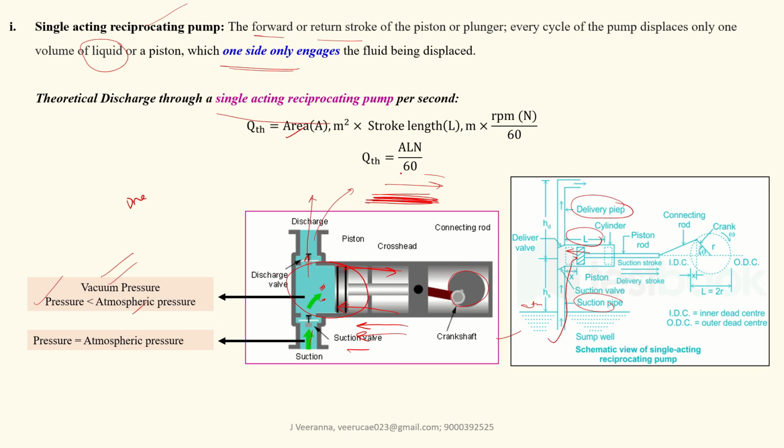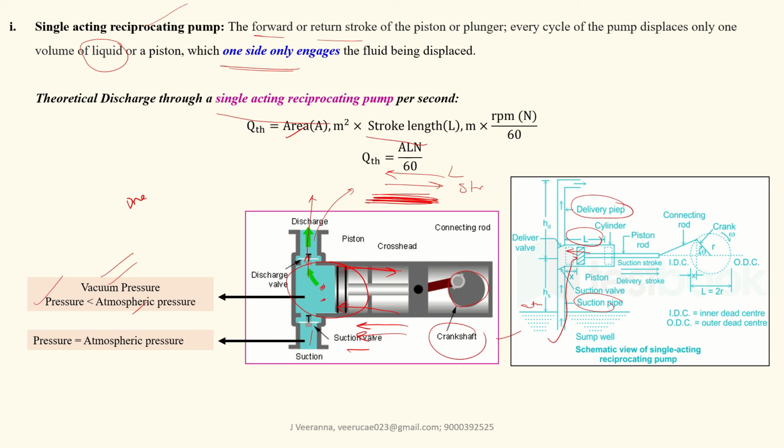This is called your stroke length. Total cylinder volume is area into stroke length. The crankshaft revolves, so the piston moves front and back; one is your delivery stroke and one is your suction stroke.